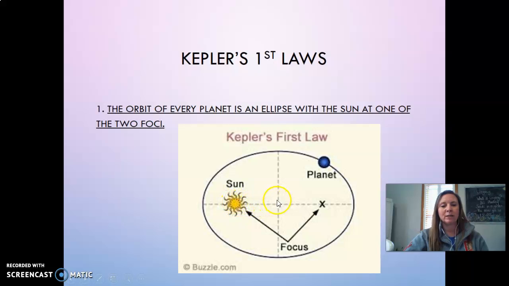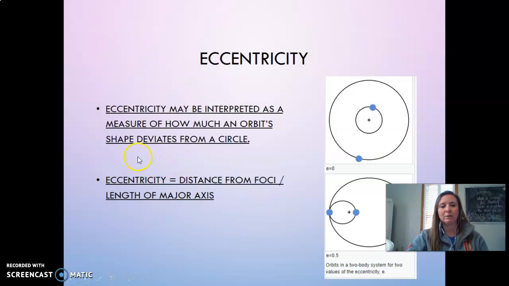So we are dividing this distance between our 2 foci by the general ellipse overall, and that's going to vary just a little bit depending on what planet we're looking at. Now once again, the distance between the foci and then the length of the major axis.